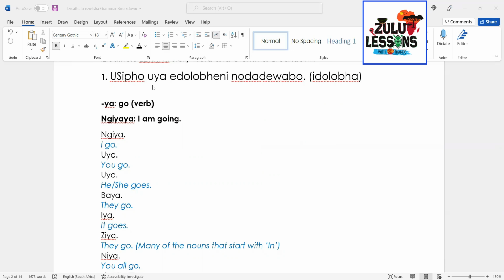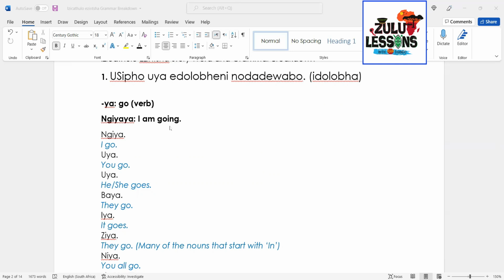The verb ya simply means to go. Doesn't mean to leave, it doesn't mean to walk. That is hamba. But we are saying go. So that is ya. Now, don't confuse it with the simple present tense ya, where we are saying, for example, ngiyahamba.